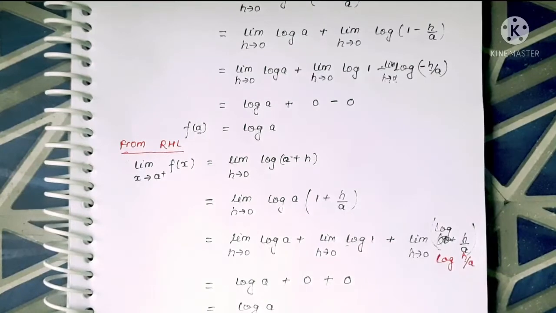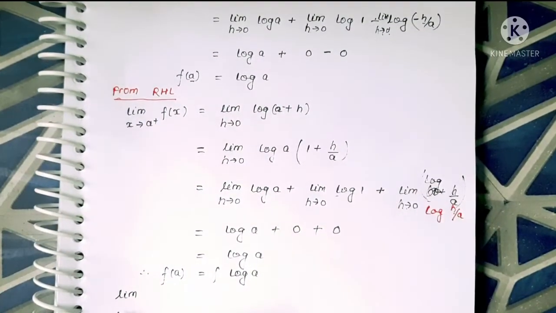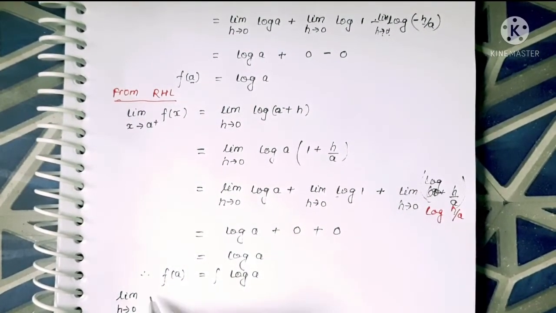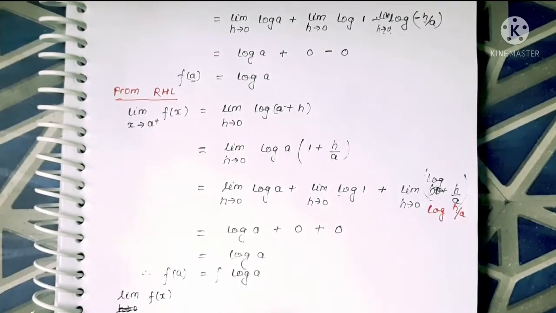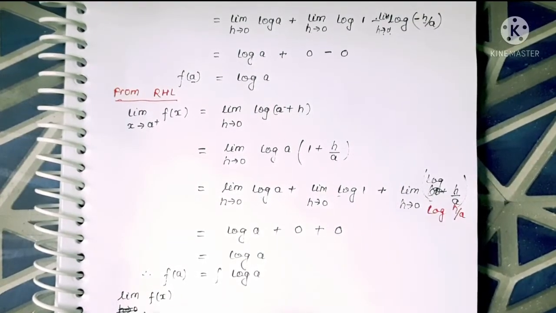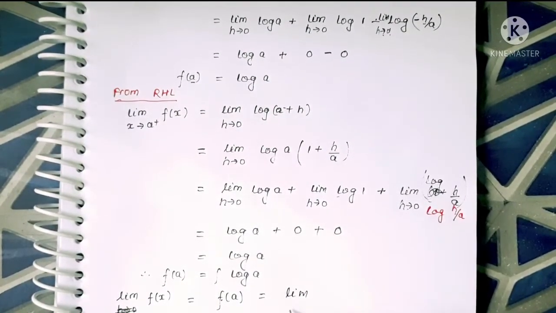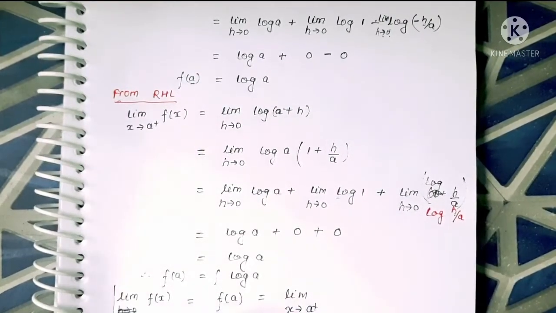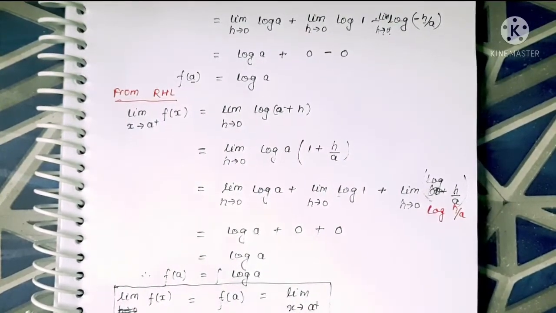So what we get from the limit criteria is that limit x tends to a negative equals the value of the function equals limit x tends to a positive, which means in all the criteria the value is the same.